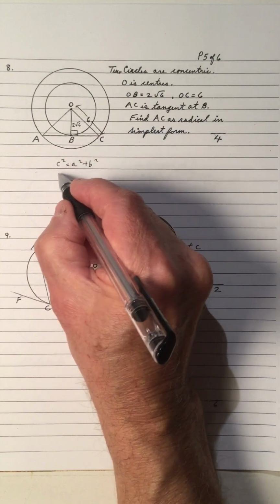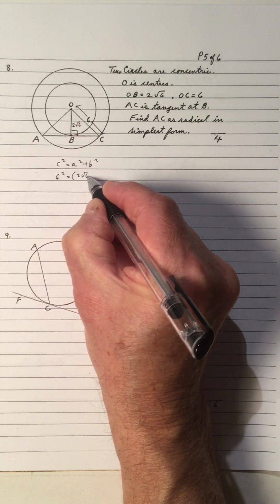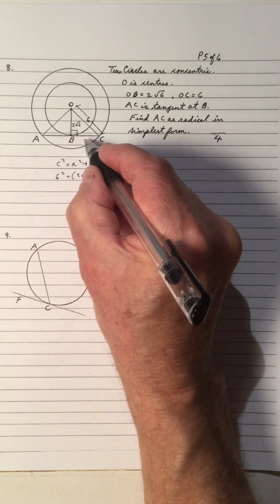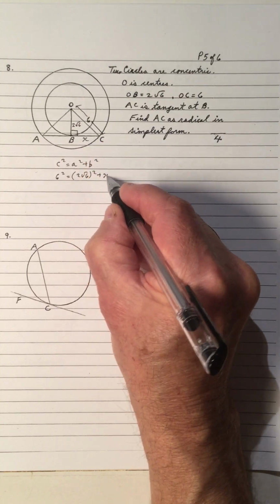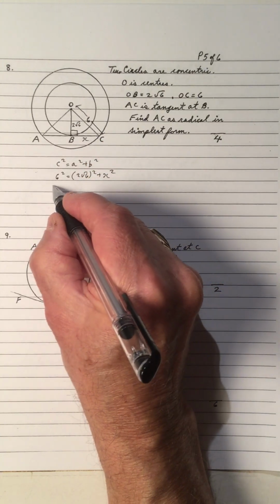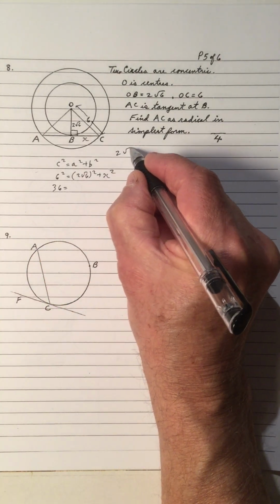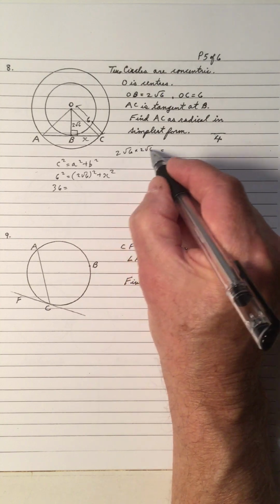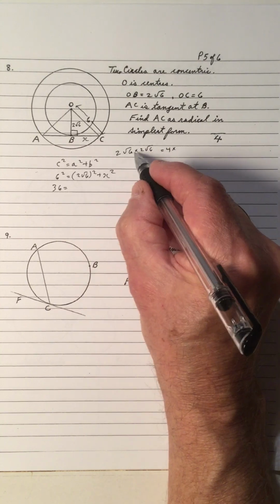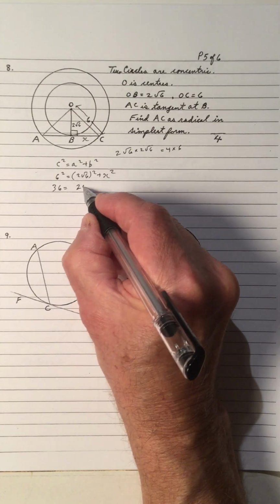And C is the hypotenuse, so that's 6. We say A is 2 root 6, we're going to square it. And BC, well, let's just call it X squared. So that's 36. So 2 root 6 times 2 root 6: 2 times 2 is 4, root 6 times root 6 is 6. So that gives you 24.